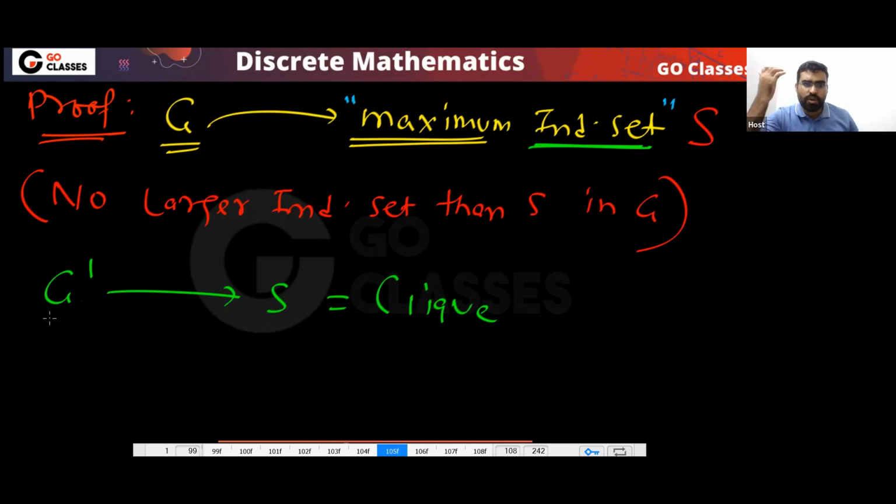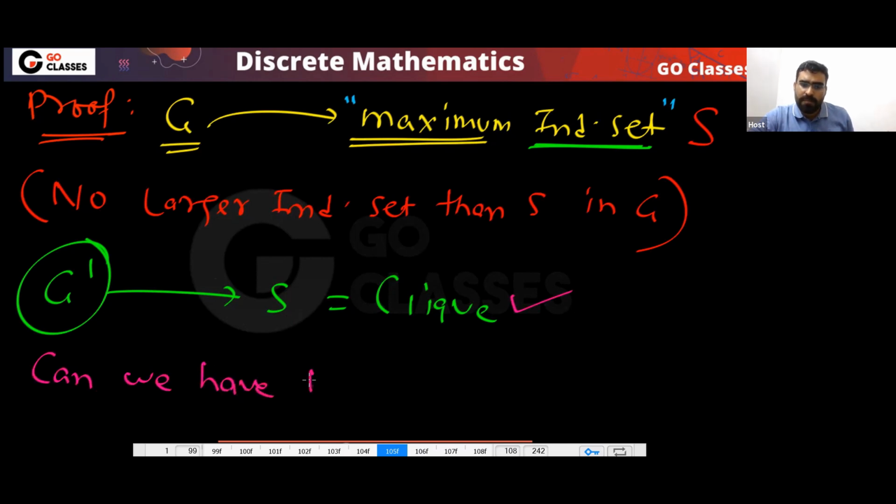So in the G complement, they will become pairwise friends, pairwise adjacent. So in G complement, this S will be a clique. Now, can we have a bigger clique than this S? So this S is a clique, but can we have a bigger clique?